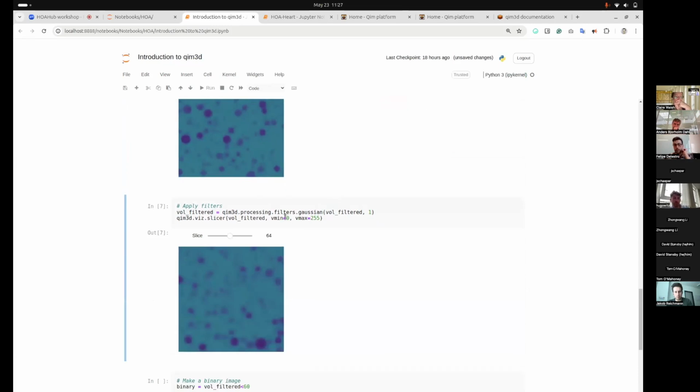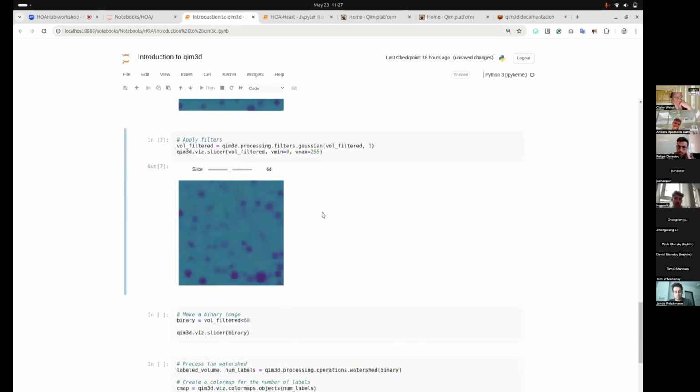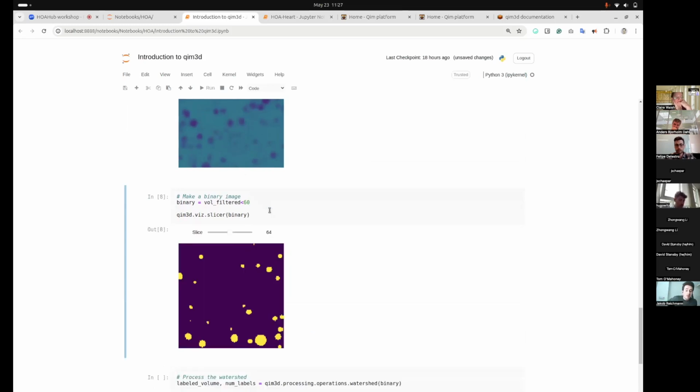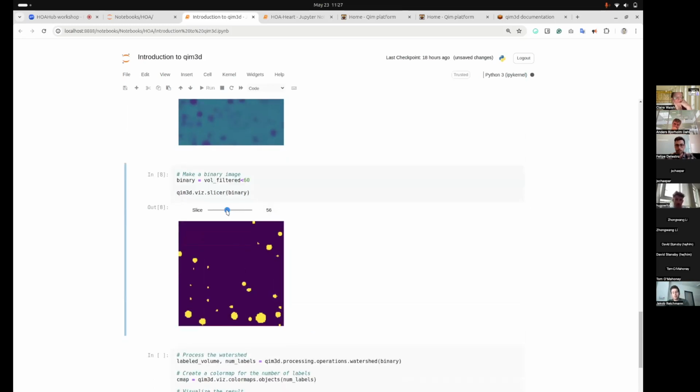Or also we have filters that we're working on making optimized for 3D volumes. So for example, here I just did a small Gaussian blur on the same data set. And then of course, we can very easily make a threshold there and try to segment this data set.